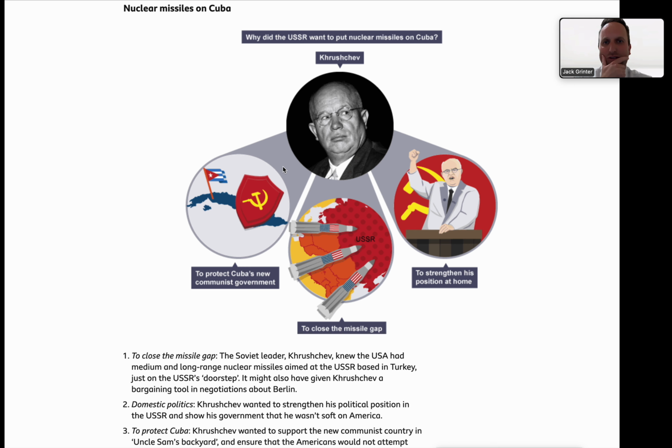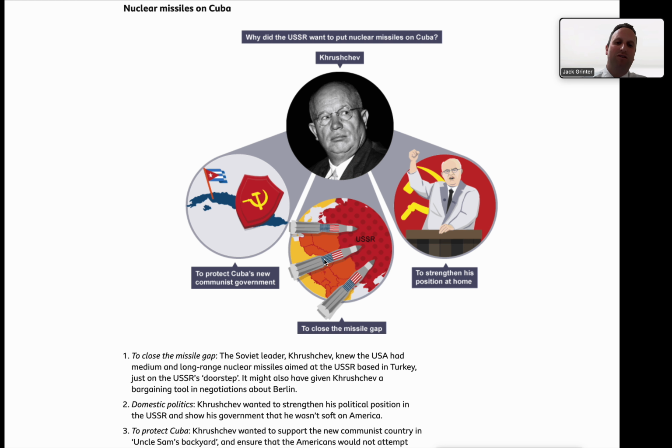Okay, and then moving on to the Cuban Missile Crisis. So why does the Soviet Union want to put missiles on Cuba? Well, Khrushchev wants to expand communism, doesn't he? And having missiles there would mean that Cuba's going to be more protected in case there's going to be a war.